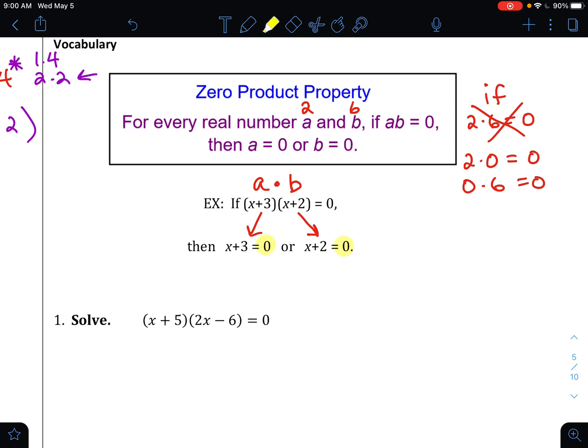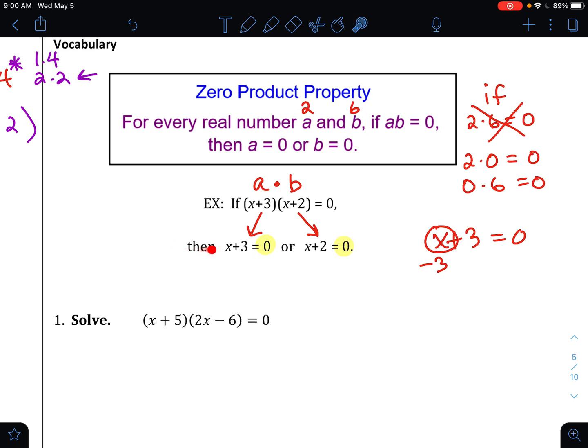Because I'm asking myself, what does the value of x have to be to make the factor x plus 3 add to 0? And you probably could look at this and say, if it's x plus 3 and I want it to be 0, doesn't that have to be negative 3? Because negative 3 and positive 3 adds to 0. And actually, that's what we end up with.